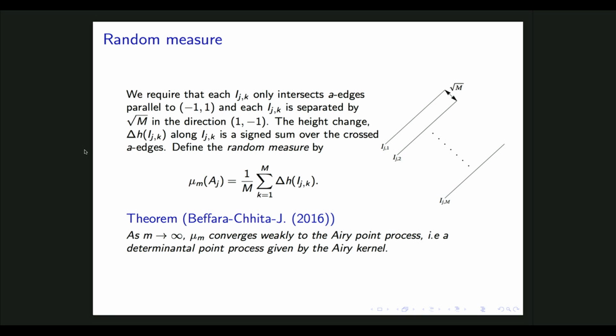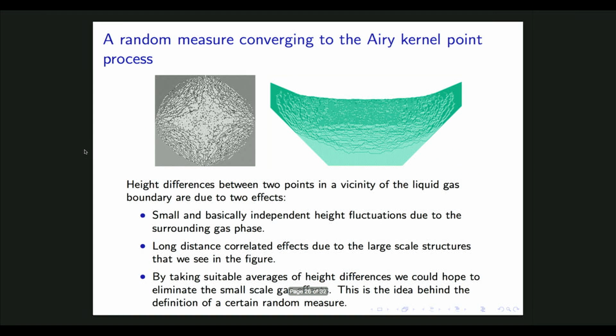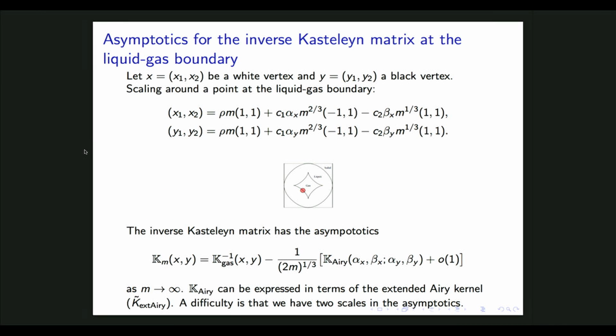The proof here is different than the typical arguments you've seen, where you just have this Fredholm determinant, you prove that the kernel converges, the whole Fredholm determinant converges, and you're done. But this doesn't really work here, because we have to separate this big effect from this one. Somehow this has to cancel out.